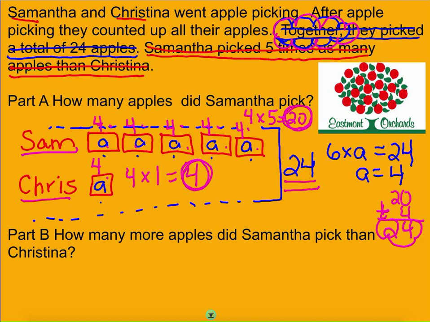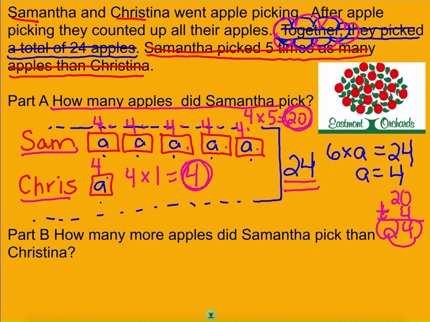All right? So please make sure that your work is detailed and we're writing equations and drawing the models correctly. That's really the most important part. And it's really taking your time to take apart and unlock the problem. Okay. Now we're not done here because I still didn't answer the question. How many apples did Samantha pick?